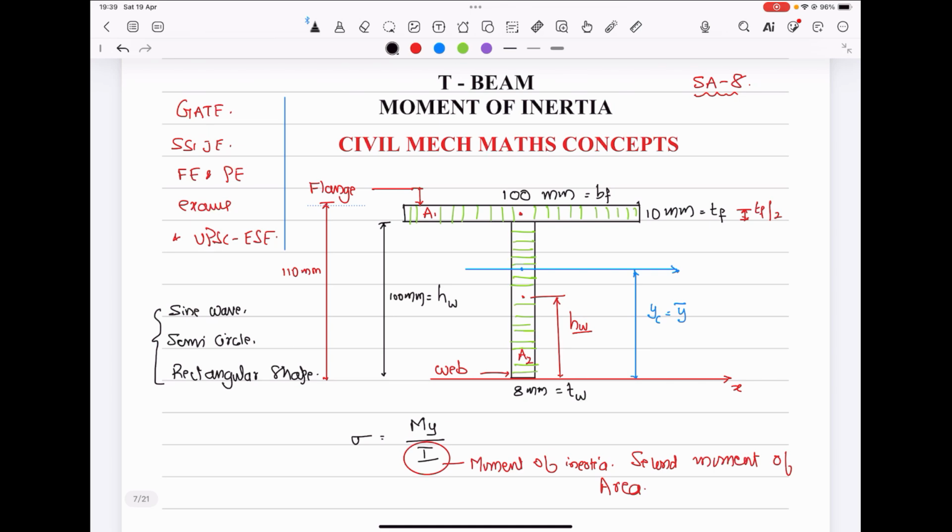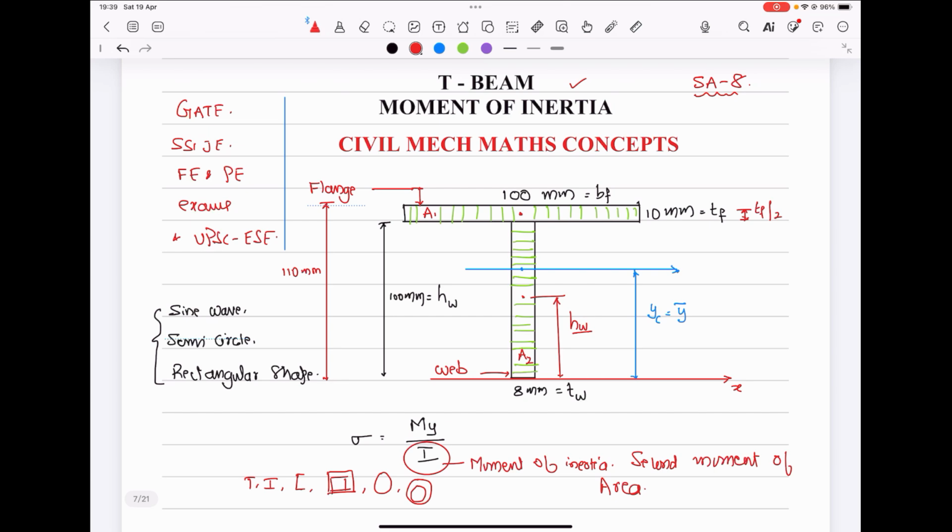Now, let's go for a T-beam. T-beam, I-beam, C-channel beam, hollow rectangular beams, circular beams, hollow circular beams.